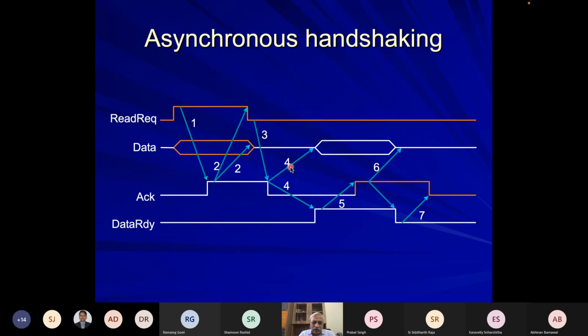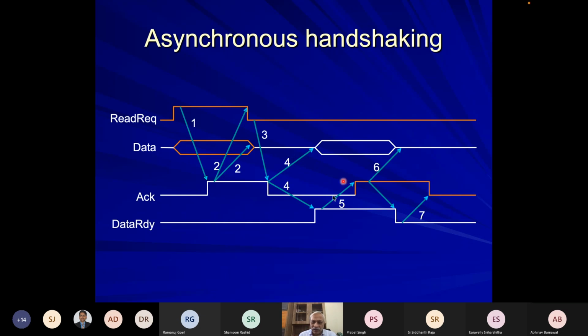And one may have to see this in a larger context, that if there are multiple masters, typically a transaction which has these two parts which are clearly separated, where address is being given and then data is being received, there is a possibility of making it a split transaction. So in between, the bus has to be completely released for possibly another master to use it.